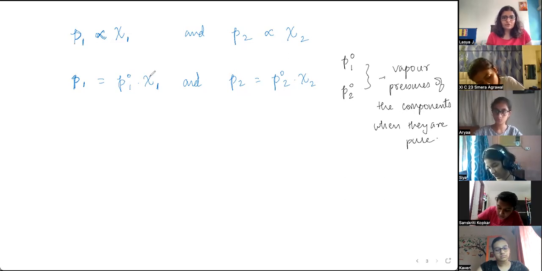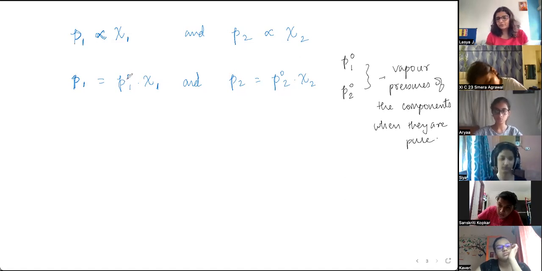It makes sense: if the mole fraction of component 1 is 1, all the moles belong to component 1 only, then P1 will be equal to P01.